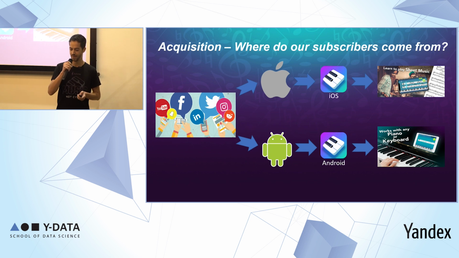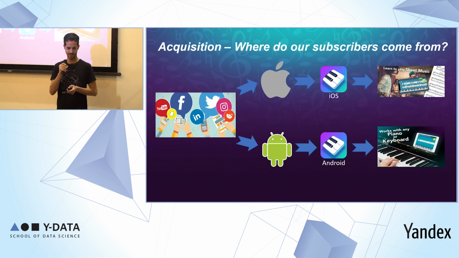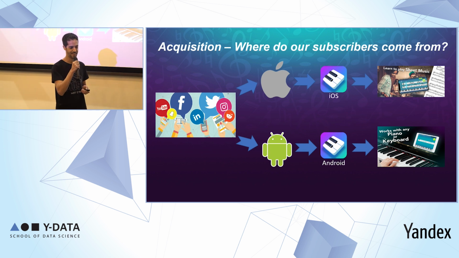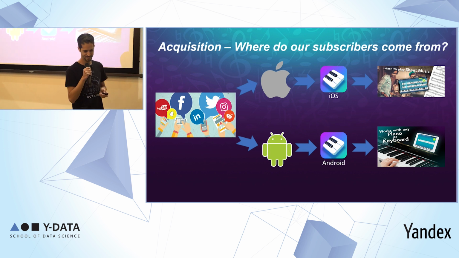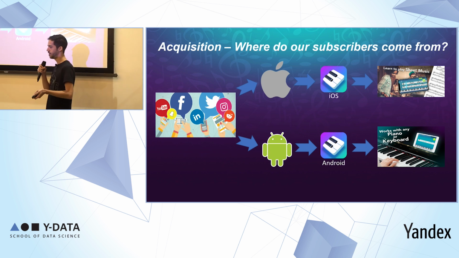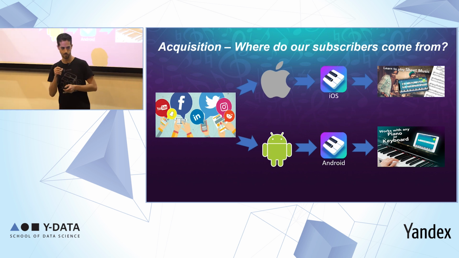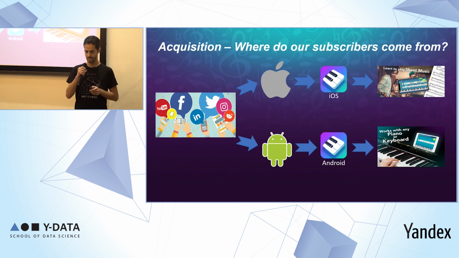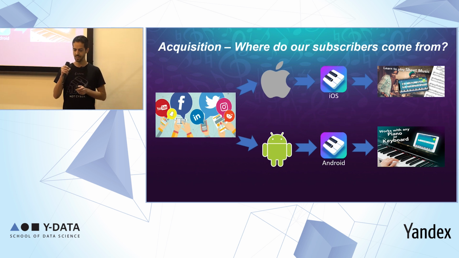So let me tell you a little bit about our acquisition work, or where subscribers come from. It's not easy, but they do come. So we publish our ads on many different media sources, such as Facebook, Instagram, Google, YouTube. Each of them also has a different behavior, which I will show later.